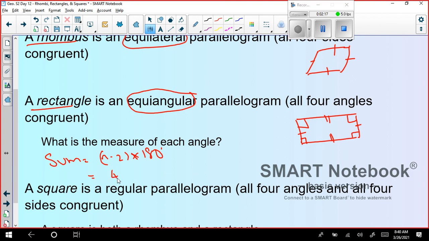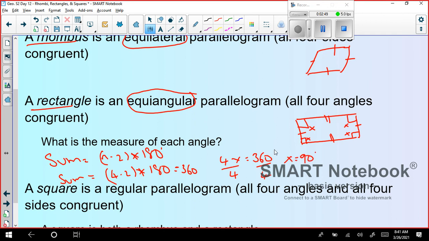So 4 minus 2 times 180, so the sum of all four angles is 360 degrees. We want all the angles to be equal, so let me call each angle x units. So 4x equals 360. Dividing by 4, I get x equals 90 degrees.